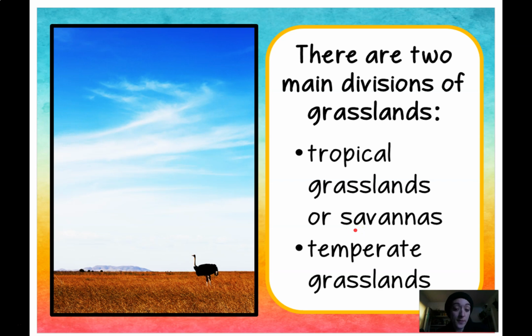So they have typically a few more trees than a grassland. A few more trees and usually a little bit more wildlife as well. Those places, everything needs water to survive, right? So places that have access to water can support more life.